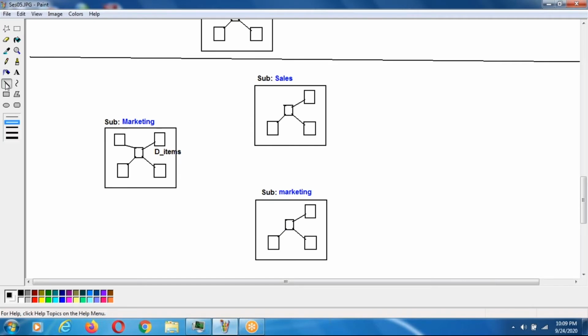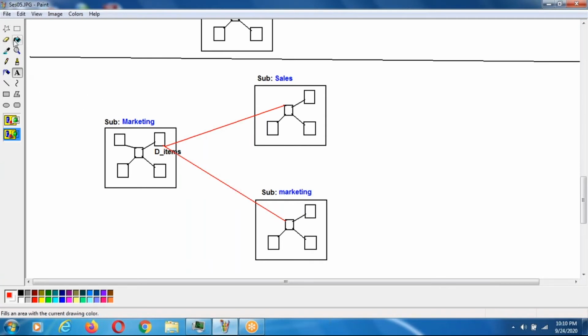After that, I'm sharing the d_items table from the marketing subject to the sales subject as well as to the marketing subject. The same table we are using in the sales subject as well as in the marketing subject by having a relationship. Instead of maintaining data separately, we are creating it in one subject area and sharing it to other subjects. Clear? Yes.